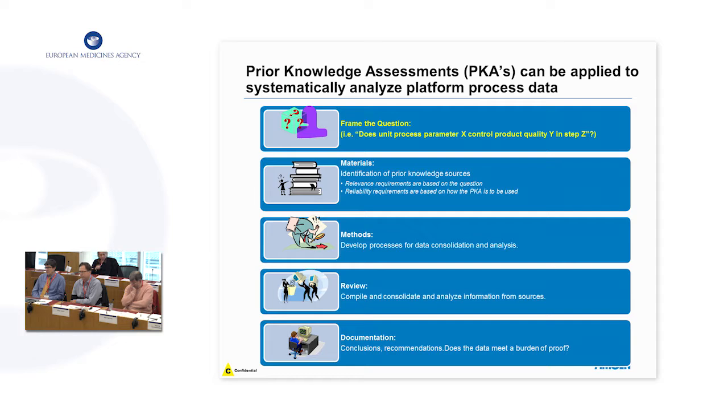And then we have methods for analyzing this data, often taking a lot of quantitative data and making it a qualitative output. And I'll talk about one example of that in a minute. And then we'll basically review this, analyze the information, draw conclusions, draw recommendations, and develop reports which then can be used by the teams to reference for their risk assessment and process development.